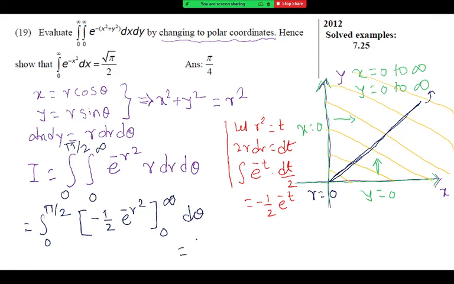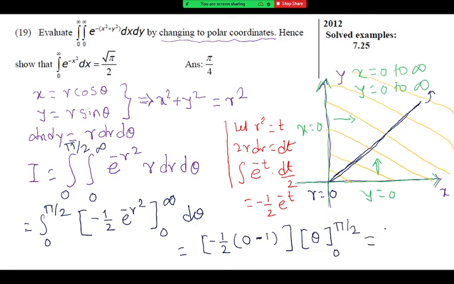Can you put the limits and tell me what is left here? Minus 1 by 2, because e raised to minus infinity is 0, and e raised to 0 is 1, but the lower limit has the minus sign. But there is a d theta also. The integral of d theta is theta, and limits are 0 to pi by 2.